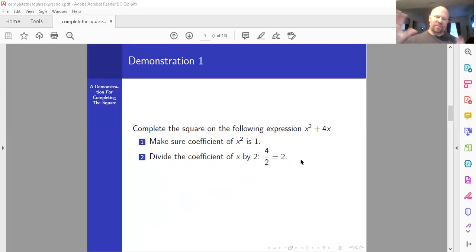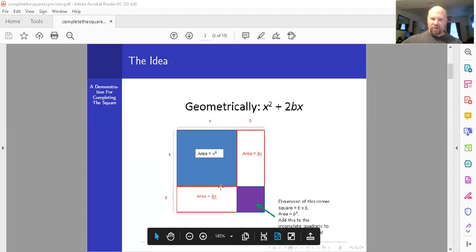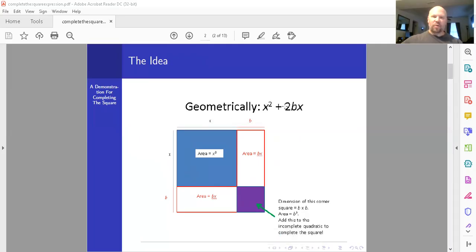Remember, one of them is x because it has to line up on the square that's formed by the x squared piece, and the other dimension has to be half the coefficient of x here. So if you remember, we're trying to get this picture where we have x squared plus 4x.